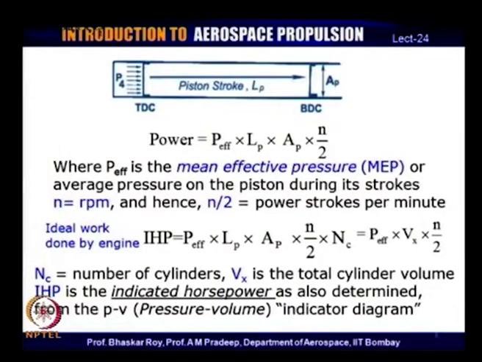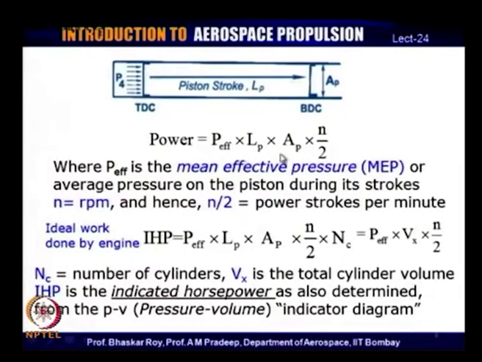The power created, or as we said, the power stroke, is directly proportional to the average pressure that is applied on the piston, times the length of the piston stroke, times the area, and that times N by 2. N is of course the RPM, and N by 2 is the power strokes per minute.